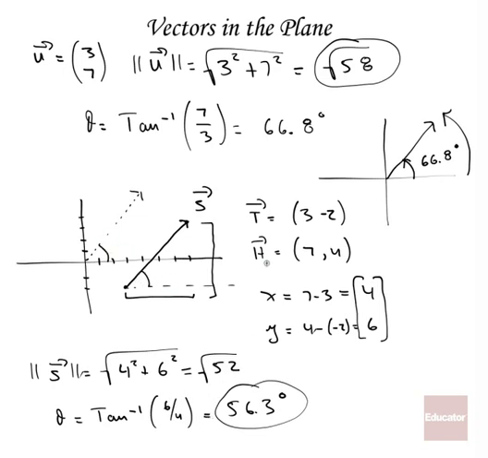Not a problem. So again, when you're dealing with a vector that's been expressed with a head and a tail somewhere else except at the origin, you just treat it the same way. You just take the coordinate for the head minus the tail, and you end up with a vector as if it is starting at the origin.